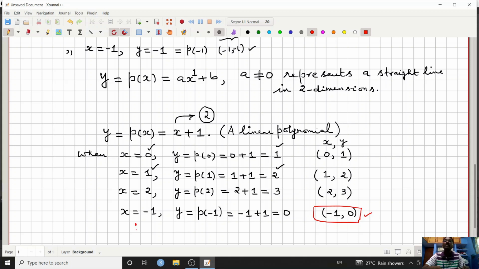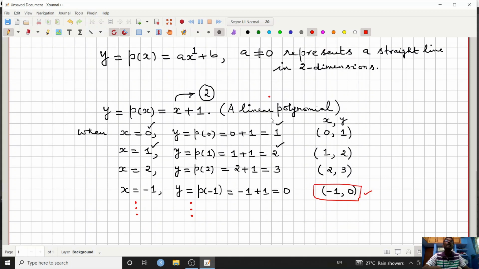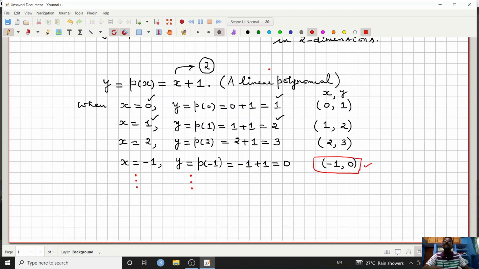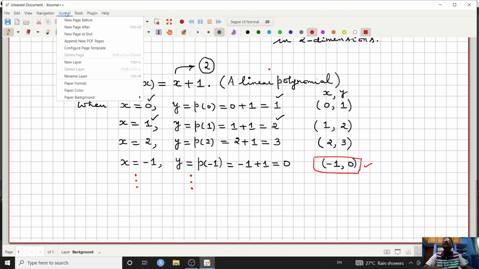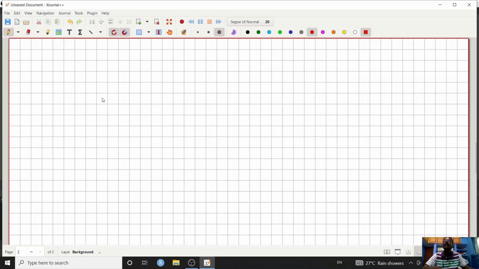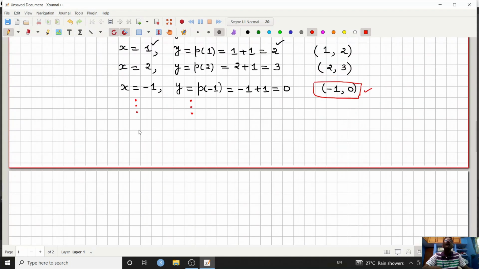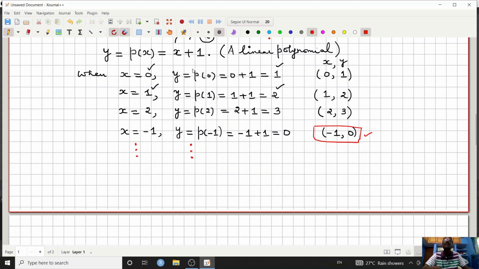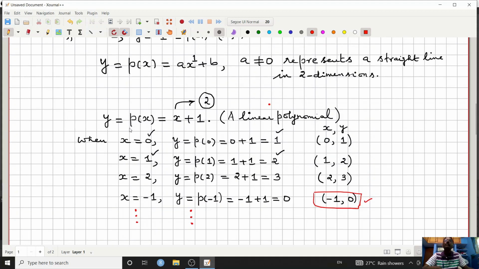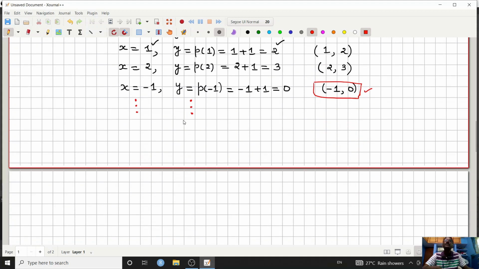Likewise, you can keep giving values for x, and you will get corresponding values for y. Now let us try to draw the graph of this polynomial, namely y is equal to x plus 1.